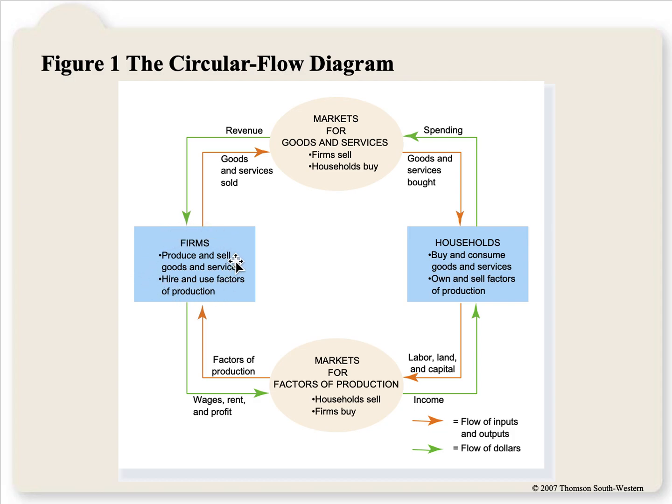They will use the factors of production to produce goods and services, which will then be sold in the market for goods and services and bought by the household again in this circular flow model.